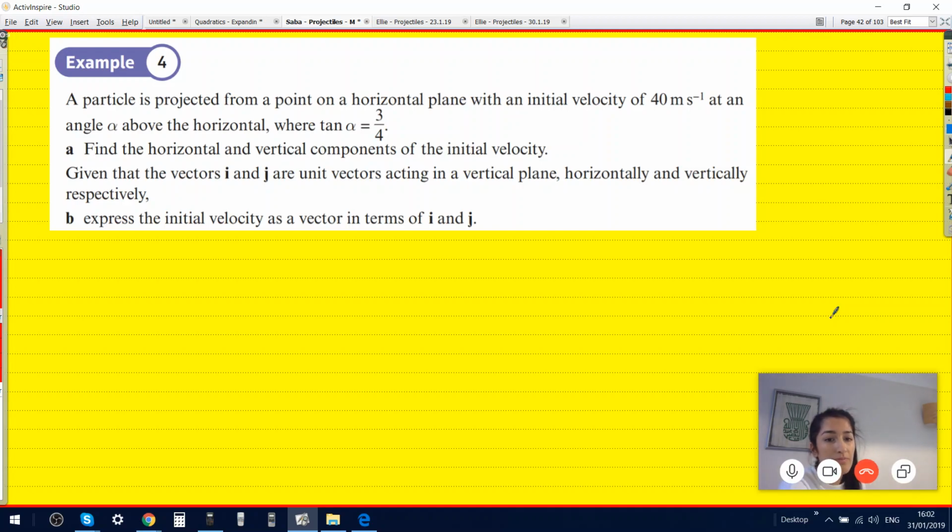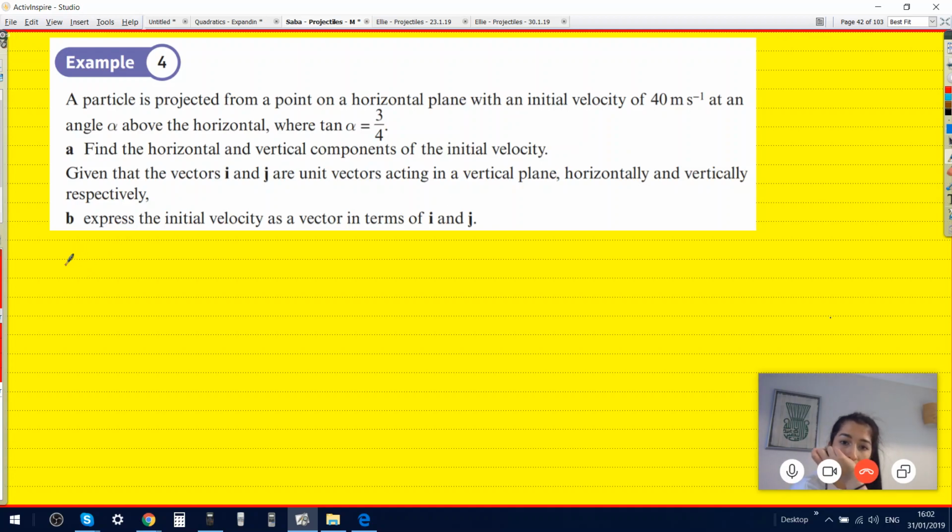And then find the horizontal and vertical components of the initial velocity. The projectile is on a horizontal plane, velocity is 40. So the ratio is 3:4, but the absolute value is 40, so the hypotenuse is actually 40.